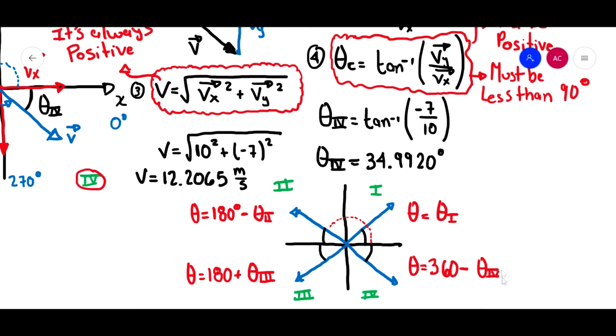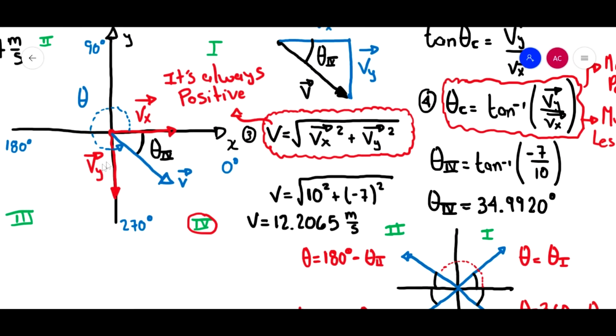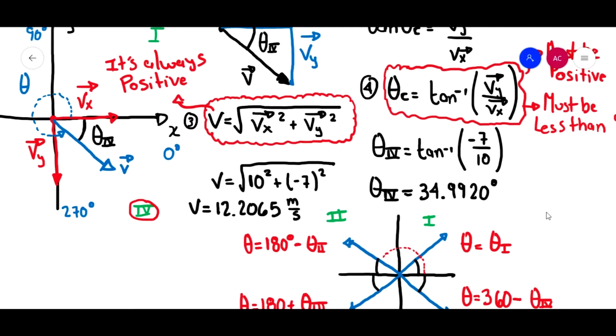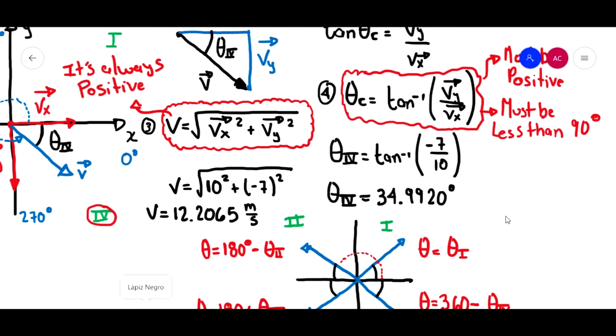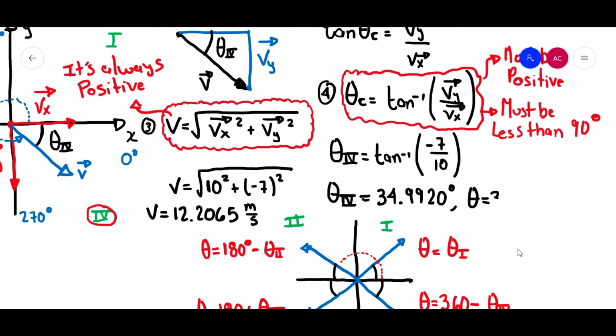In this case, I'm going to use this one in order to find the total angle, the one that is measured from 0 degrees. So the total angle will be 360 minus 34.9920. Hit equal. I got a fraction, so I press this button: 325.008.